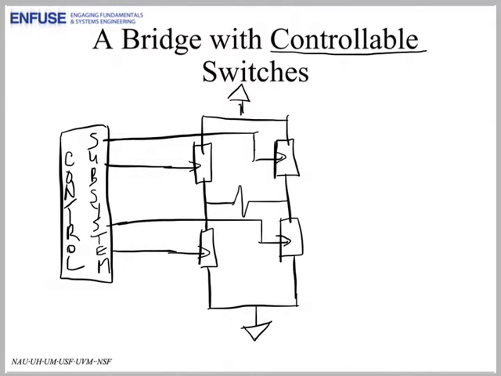What we want to talk about this time is what kind of electronic component we can use to implement these switches. It turns out that transistors are perfect for the part of being controllable switches. The particular type of transistor we will use is called a MOSFET, which we will just call a FET.